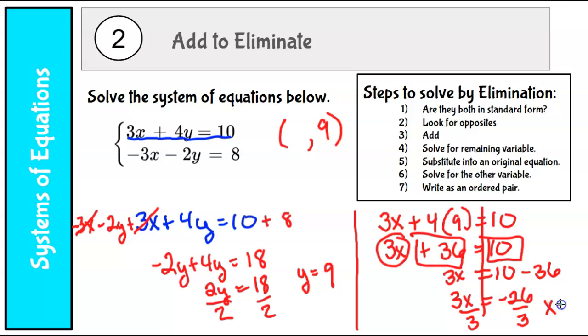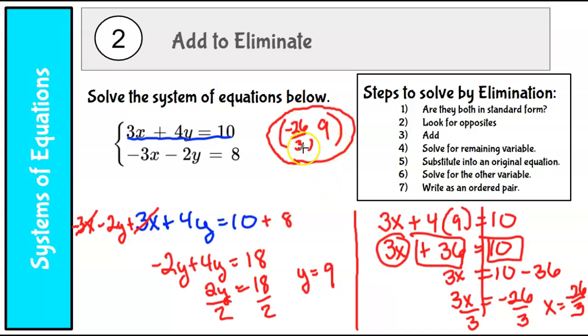So x equals negative 26 over 3. And this is my answer, negative 26 over 3, comma, 9. Remember, when you get your y, you have to substitute it back into the original equation to figure out what x is. You're not done until you have both x and y.